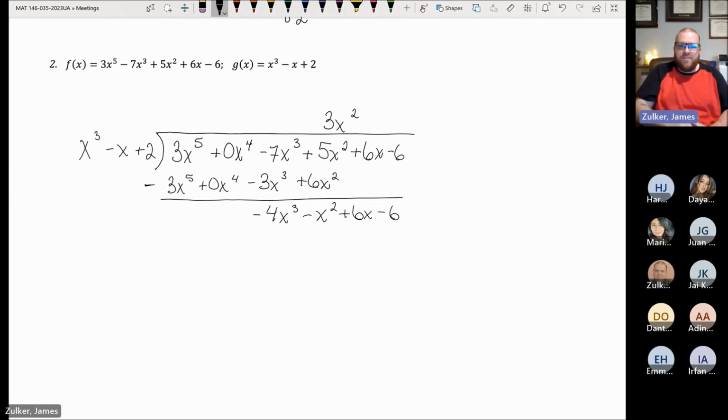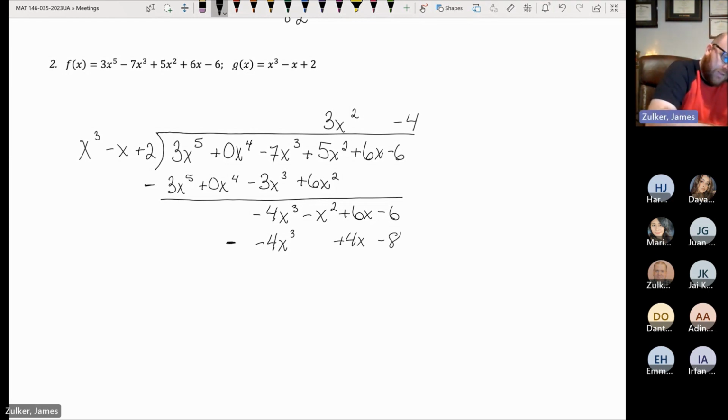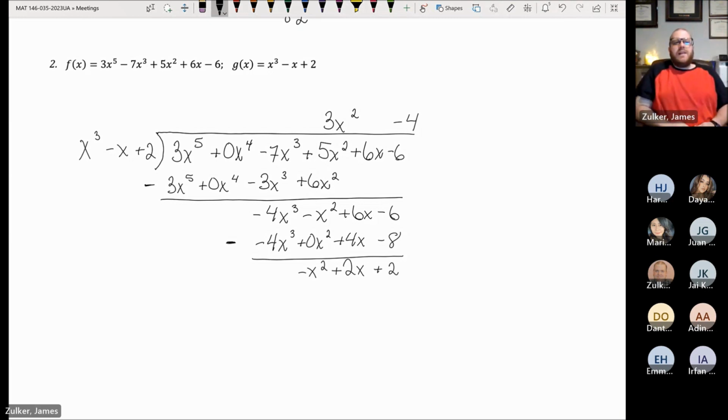So what are we going to have to multiply by, right? -4. Left with -x² plus 2x plus 2.